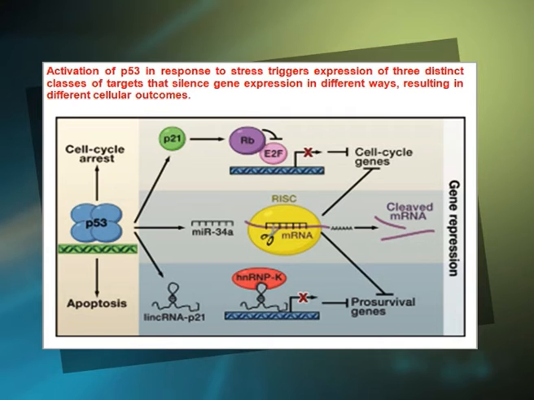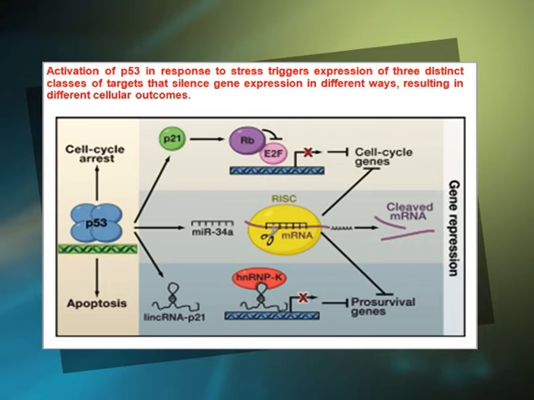This ultimately halts progression of the cell cycle. The microRNA, MIR34A, degrades or inhibits translation of the mRNAs of genes important for both cell cycle progression and survival.